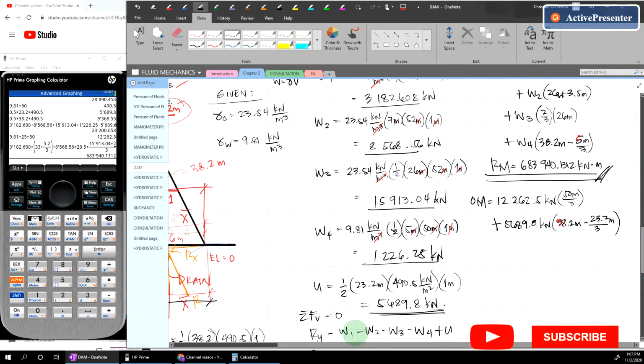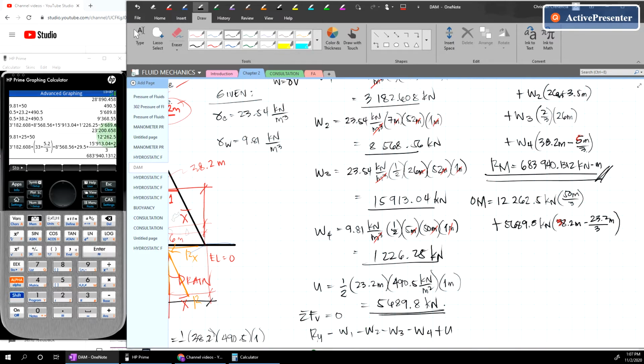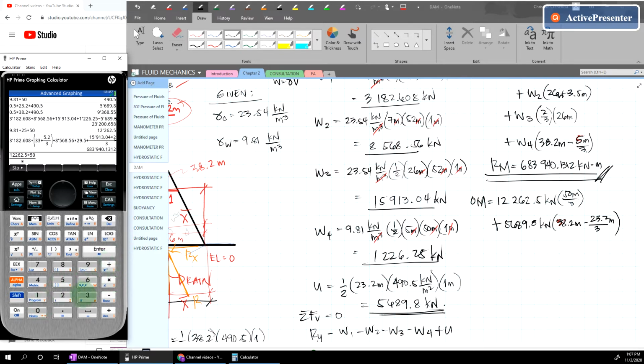Okay. So solving for the overturning moment, yung 12,262.5 multiplied by 50 over 3, then plus yung 5689.8 multiplied by, so we have 38.2 minus ng 23.2 divided by 3.